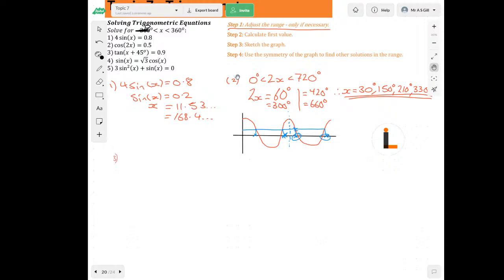So I'm just going to start working through the solution for question 3 here. Again, the most important part is that we adjust our range here.